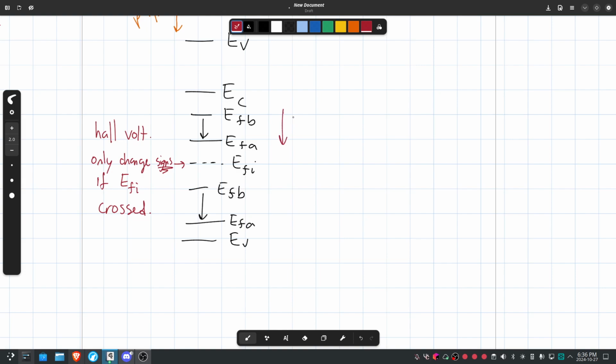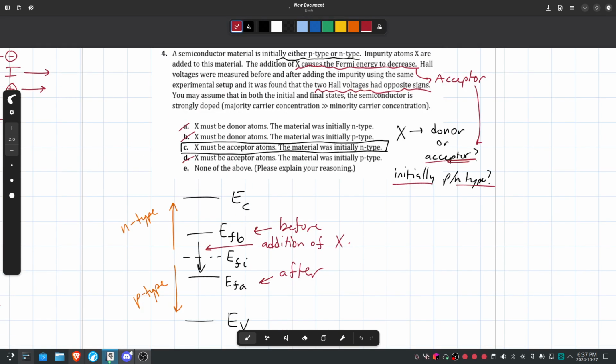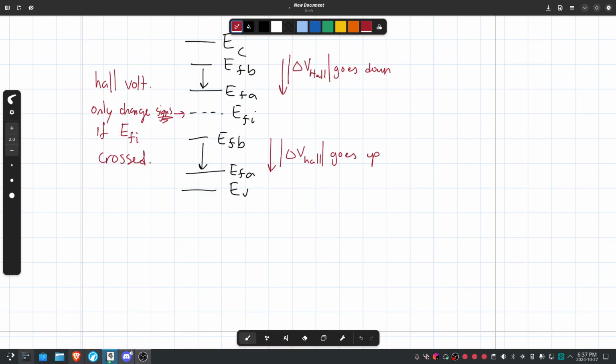So in this case, the Hall voltage goes down, because it's going closer to EFI. Meanwhile here, the Hall voltage goes up. Let me just draw the magnitude there so you don't get confused. So that's one way we could say, instead of saying that they had opposite signs, it has the same sign, but the Hall voltage gets larger in magnitude. You now know which one of them it is.